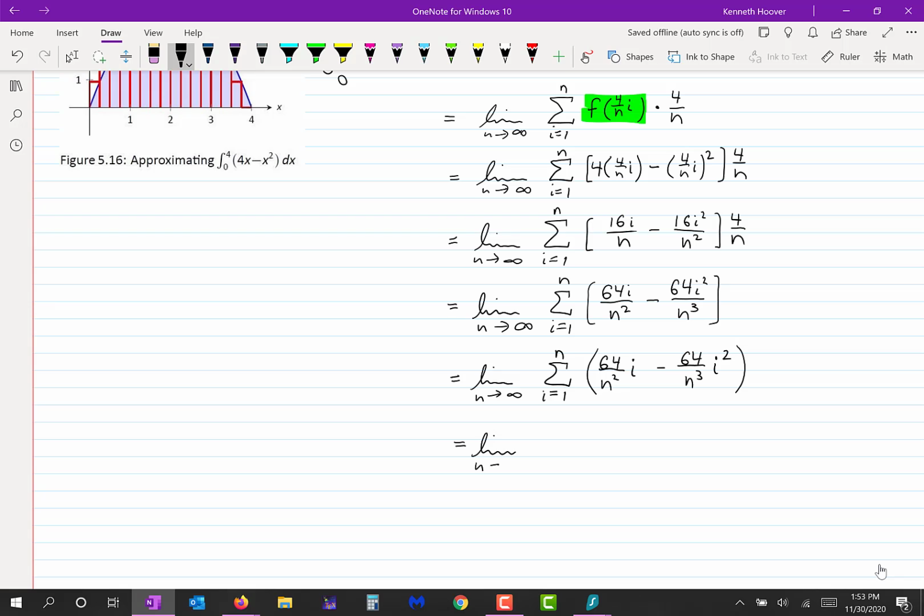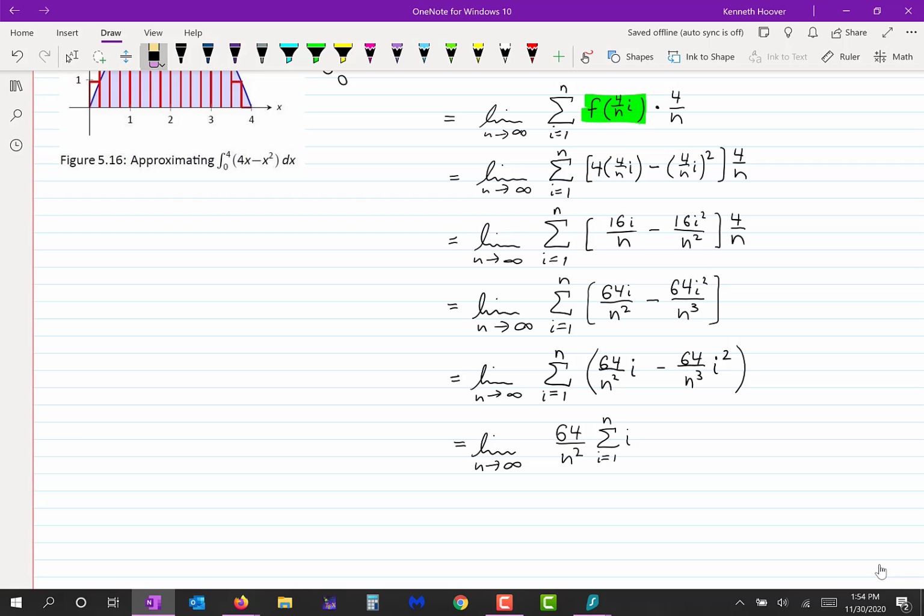Now, I can write 64 over n squared times the sum of a bunch of i's. You see, because the 64 over n squared can be separated away from the i, and basically what I did was I factored it out front.